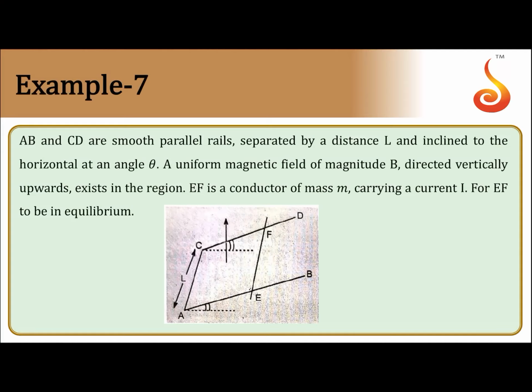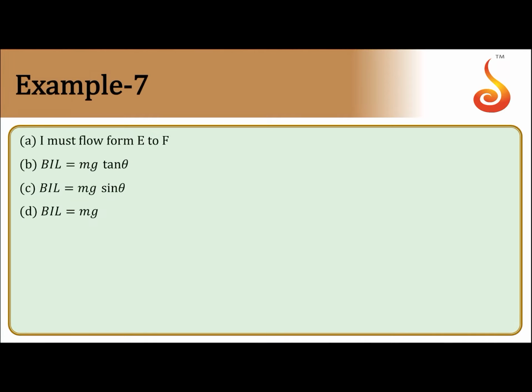EF is a conductor of mass m carrying a current I. For EF to be in equilibrium, I must flow from E to F. BIL is equal to mg tan theta, BIL is equal to mg sin theta, BIL is equal to mg.